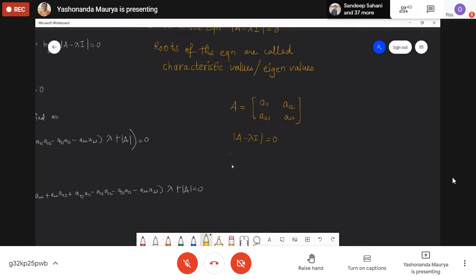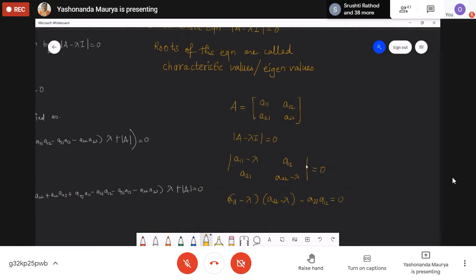This is the determinant of the matrix with entries A11 minus lambda, A12, A21, A22 minus lambda. Opening this is pretty simple. Here we get A11 minus lambda times A22 minus lambda, minus A21 A12, equal to 0.